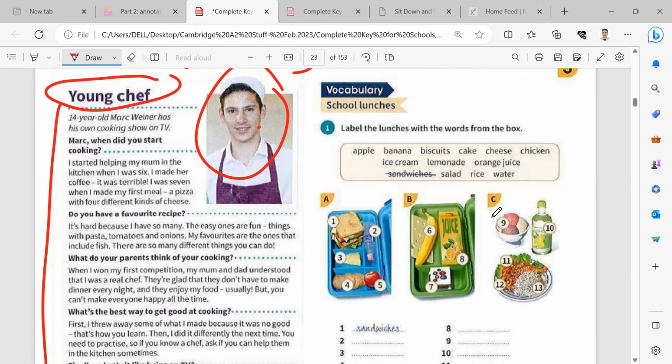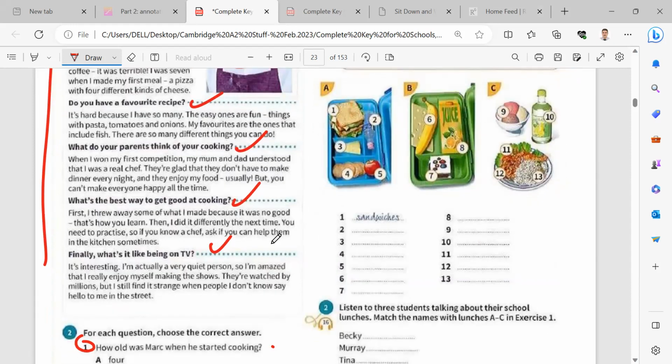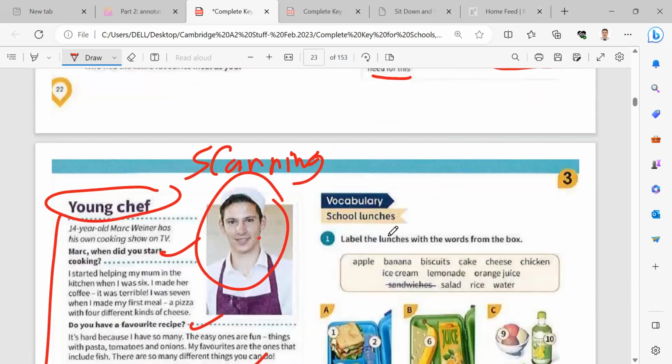How many paragraphs are there in this passage? 5. Okay, here, as you see, you have 5 questions, and for each question you have 1 paragraph with the answer.